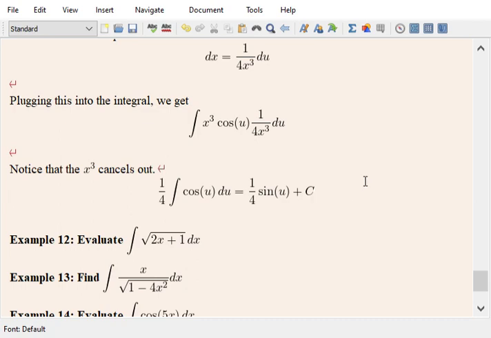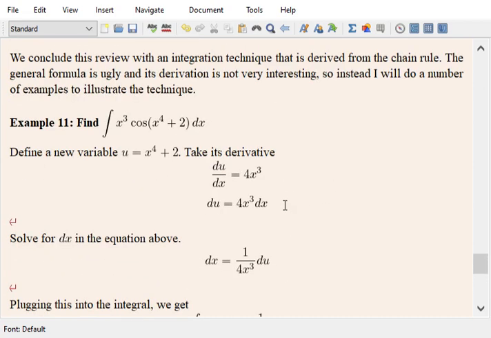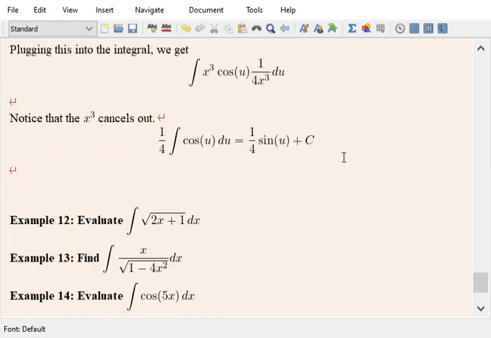Now, before we end, since the original problem was in terms of x's, we want the final answer to be in terms of x's as well. So let's just replace u with its original definition, which was x to the 4th plus 2.